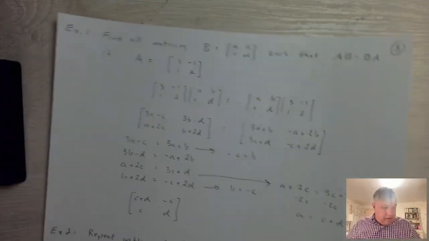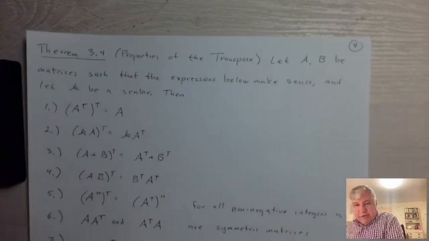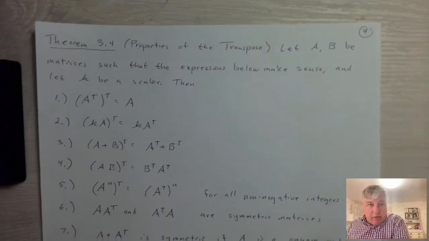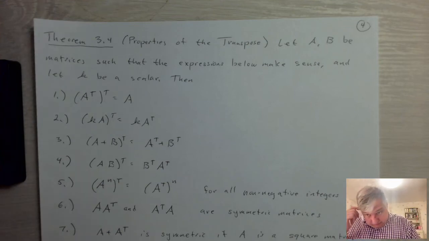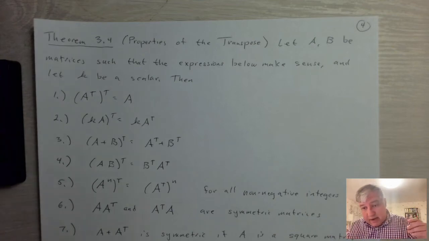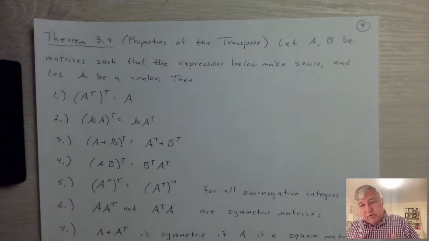Okay, so the last part is about transposes of matrices. Remember, with transposes, for the transpose of a matrix, you're just interchanging the rows and columns. So the transpose of an m by n matrix is in fact an n by m matrix. So the first row becomes the first column, and so on.